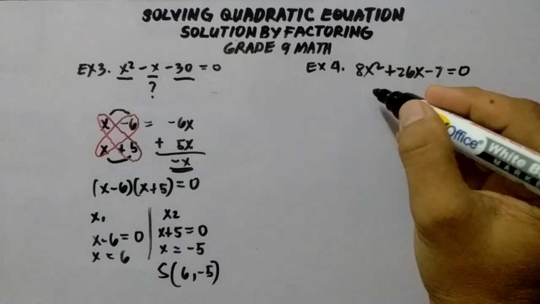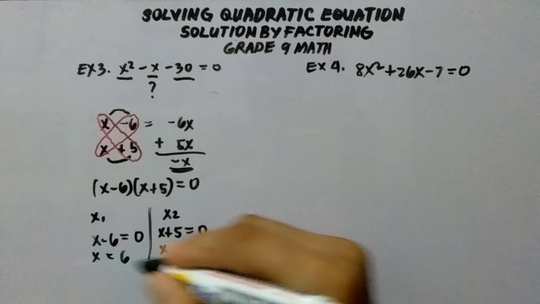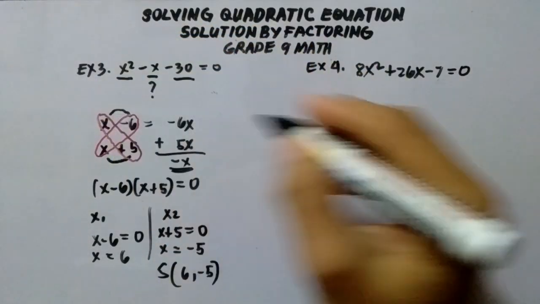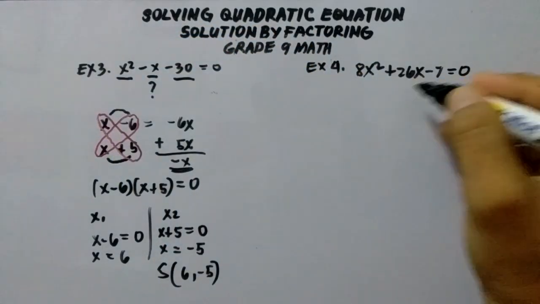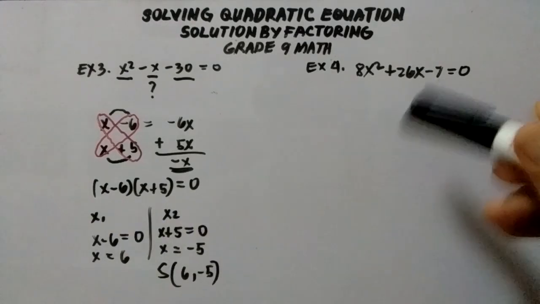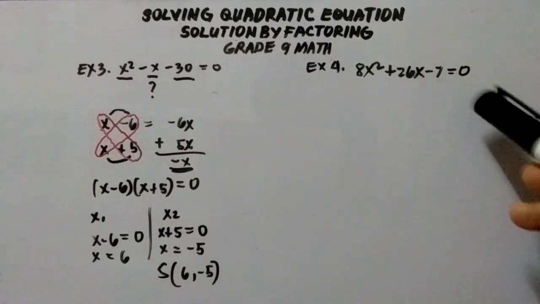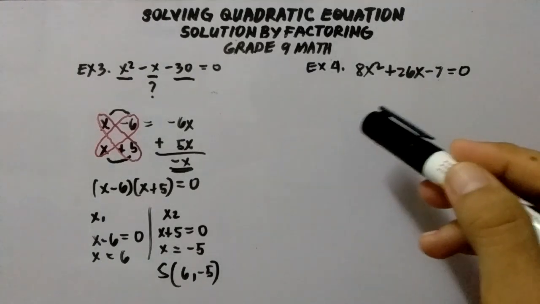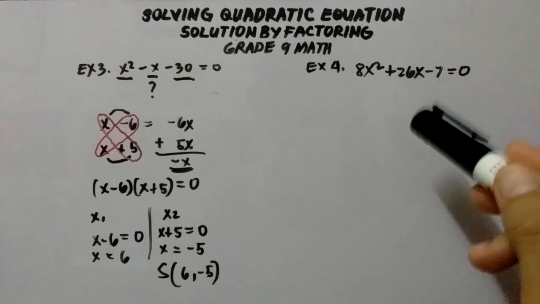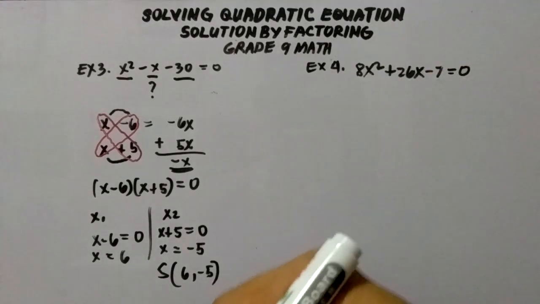Okay? Nagkaroon po ng 8 dito. Okay? So, let's solve the same process like we did, no, in example number 3. So, we will use a trial and error method. Okay, so pag sinabi pong trial and error method, pwede po tayong magkamali sa una, sa first attempt, second, no? Then, hanggang sa makuha po natin yung tamang factors.